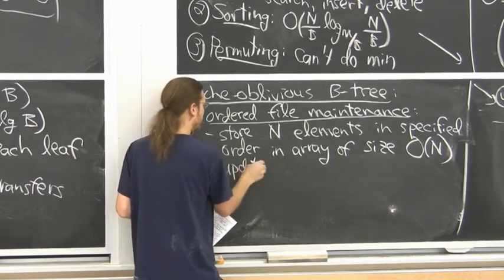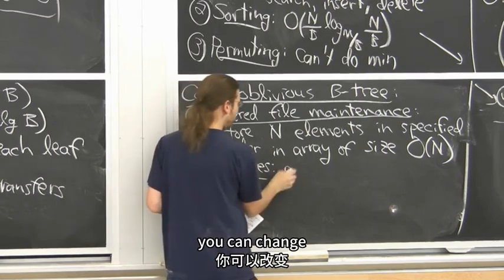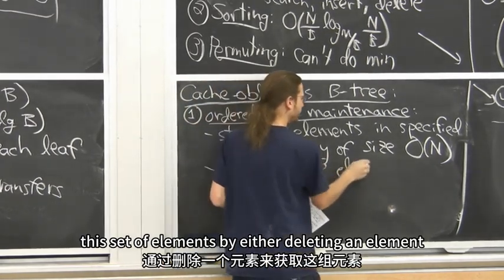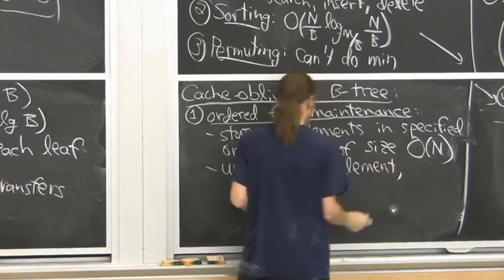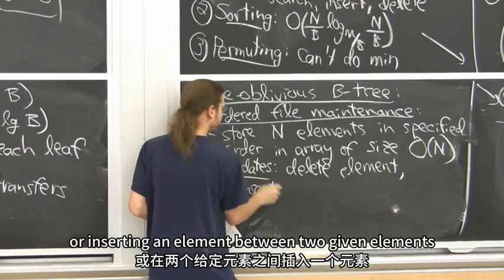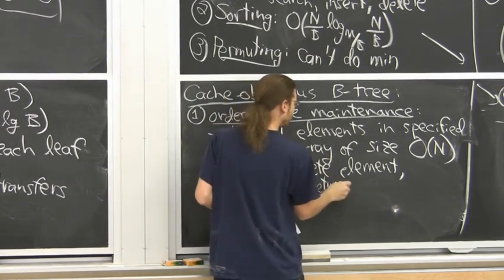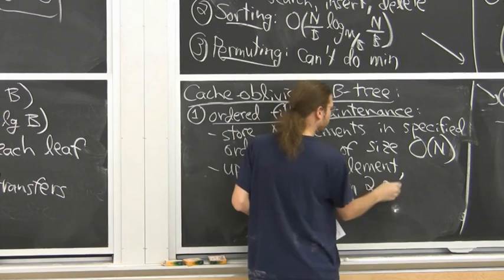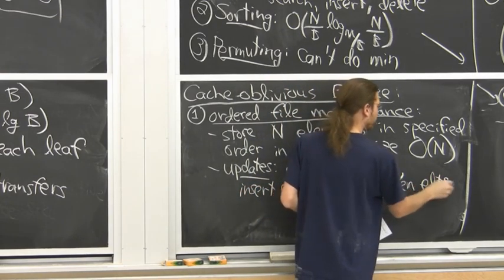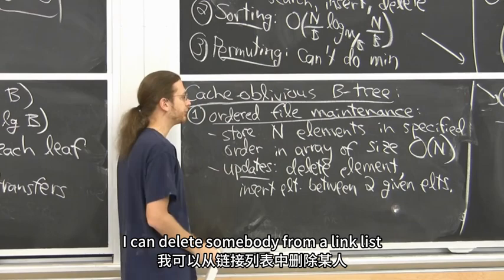And the updates, so this is physically what you have to do. You can change this set of elements by either deleting an element or inserting an element between two given elements. So this is just like the linked list updates. I can delete somebody from a linked list.